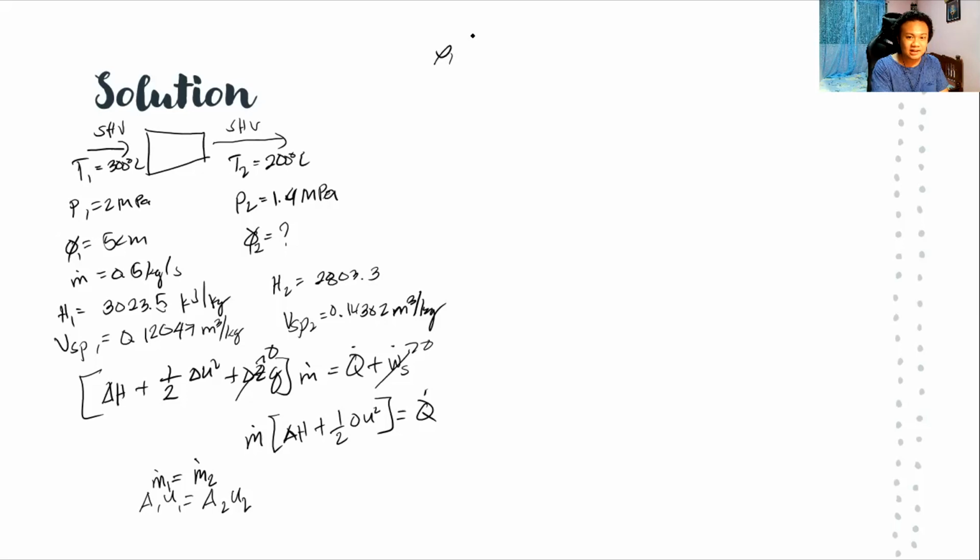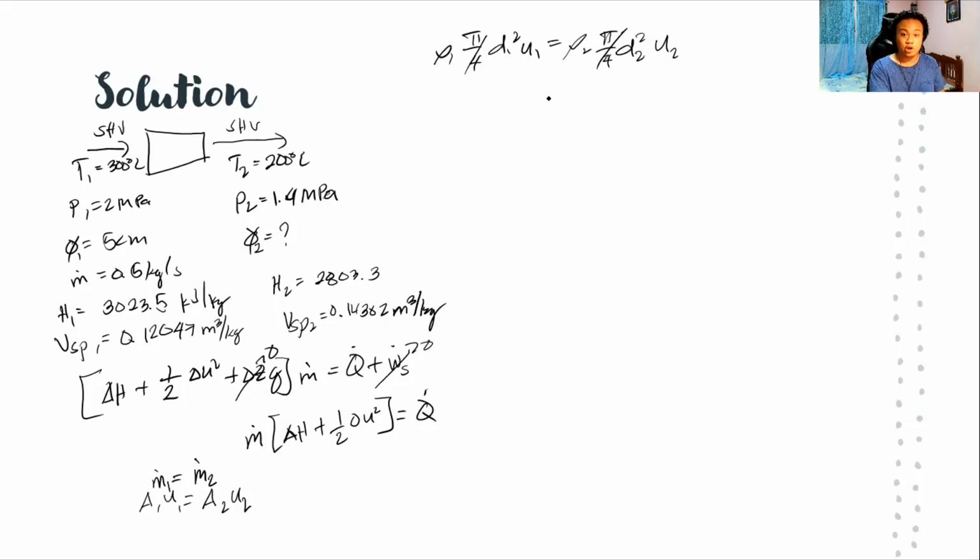We can express that as such, with the area of the circle, pi over 4 D2 squared, and then U2. Then we can simplify, and cancel like terms on the separate sides. And this density is actually the reciprocal of our specific volume, right?